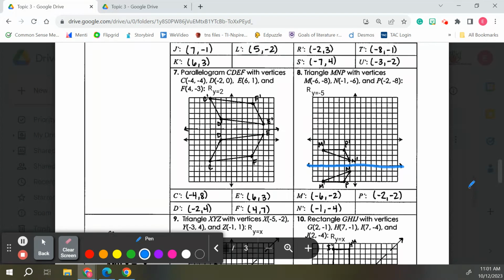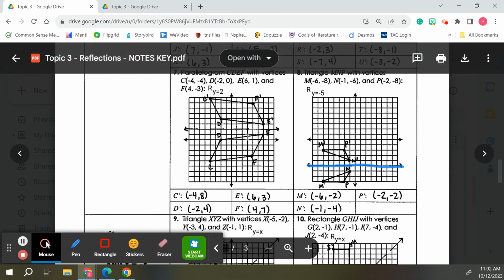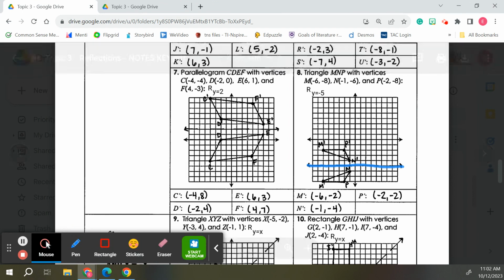Questions on this? I'm just going to double check something. I don't think you guys need to worry about the angles of reflections.